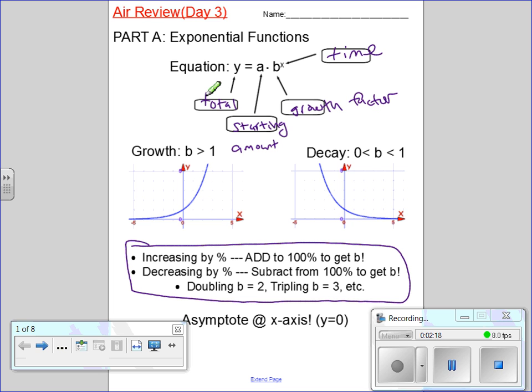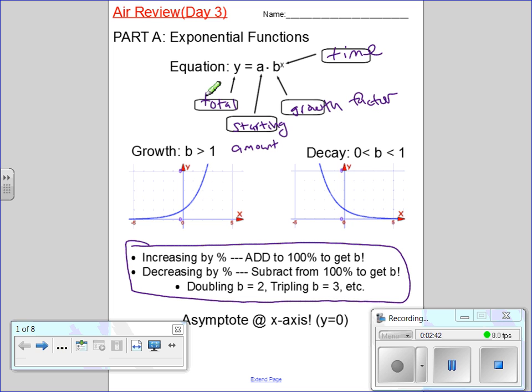All right. On the other hand, let's say I have something losing value. Cars lose value a lot of times. So let's say I have a car and it's losing 15% in value every single year. What you would do is take your 100%, subtract 15%. That's going to be 85%.